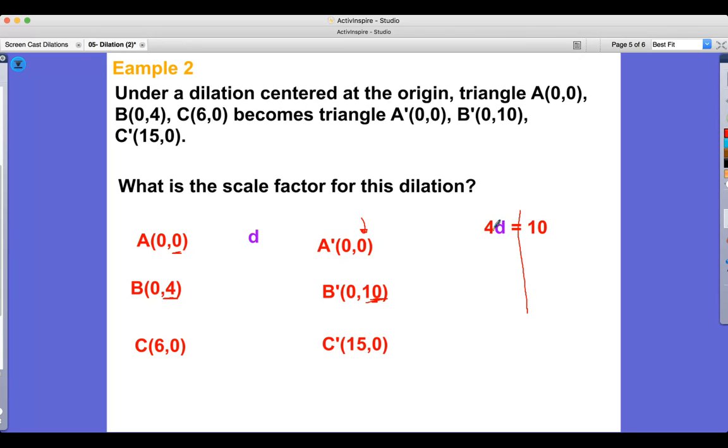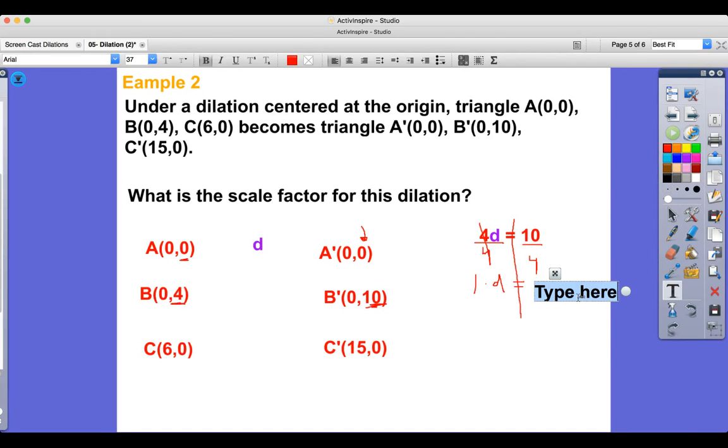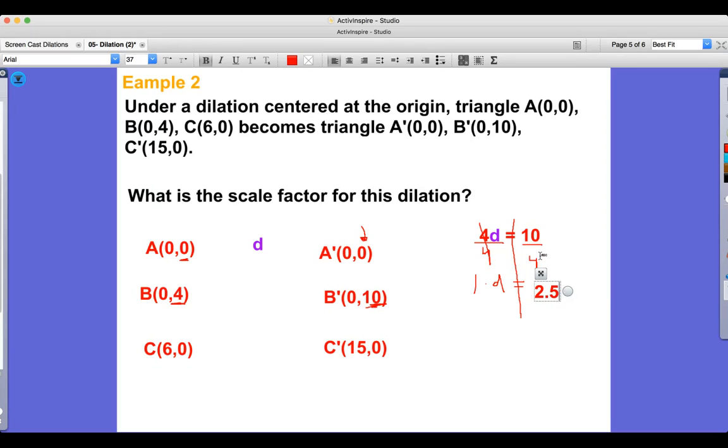So I'm going to do the inverse operation. The inverse of multiplication is division. So I'm going to divide both sides by 4. Here, 4 divided by 4 is just 1. So we get 1 times D, and then that's going to give us 10 over 4. Here, I'll allow you to use the decimals, so we get 2.5.